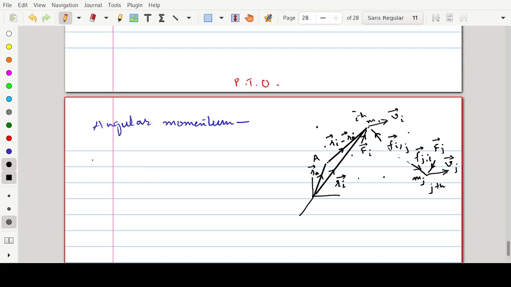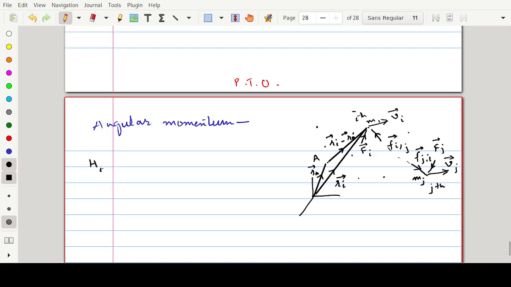All right. So angular momentum with respect to point A for the particle i, let us denote it like this.